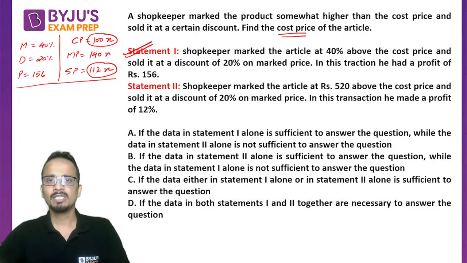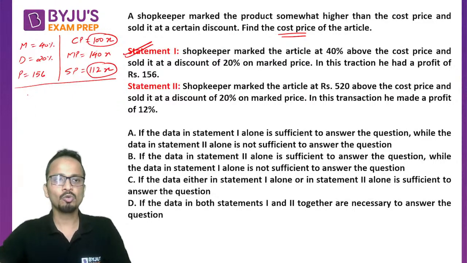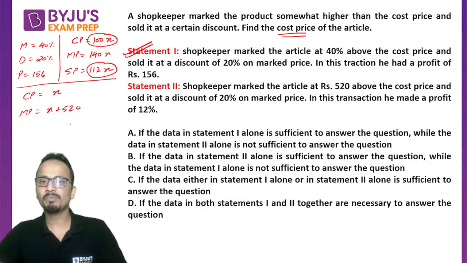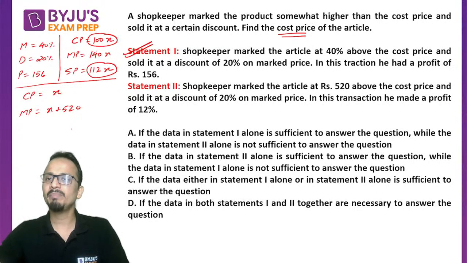Second statement: the shopkeeper marked the article at rupees 520 above the cost price. So cost price, whatever it was, call it x, marked price was x plus 520, and he sold it at a discount of 20%, and he made a profit of 12%.